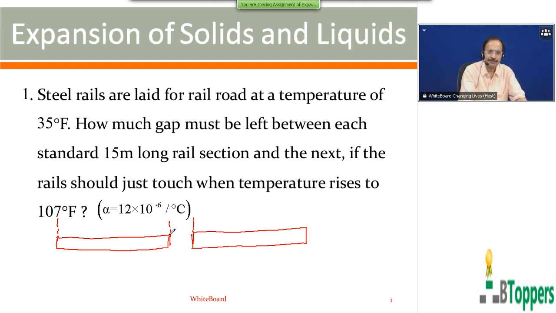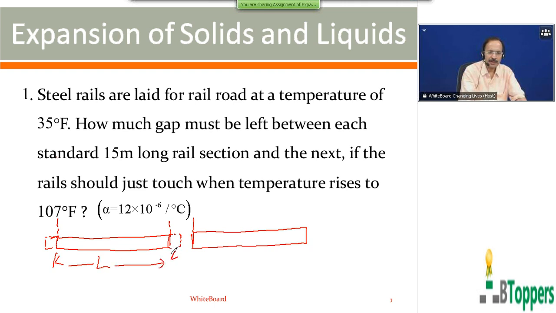That means if delta L is the actual increase in length of each rail, and L denotes the original length of each rail.